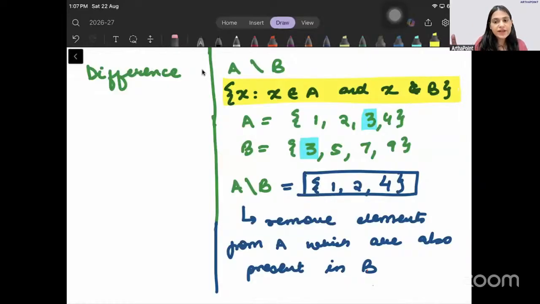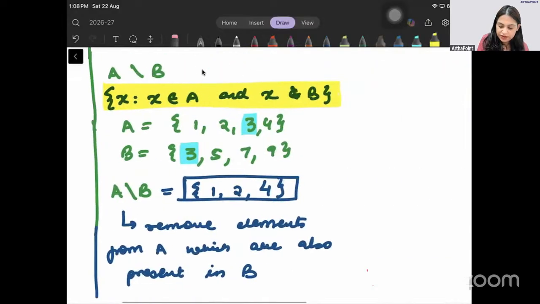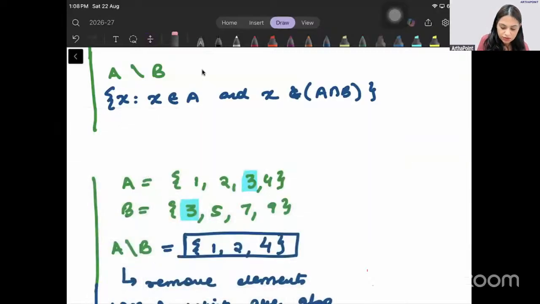So if I remove that element, then I am finding the difference, right? I can write it better also. You can also write this as X does not belong to A intersection B. This is also another definition which you can use. You can write both.